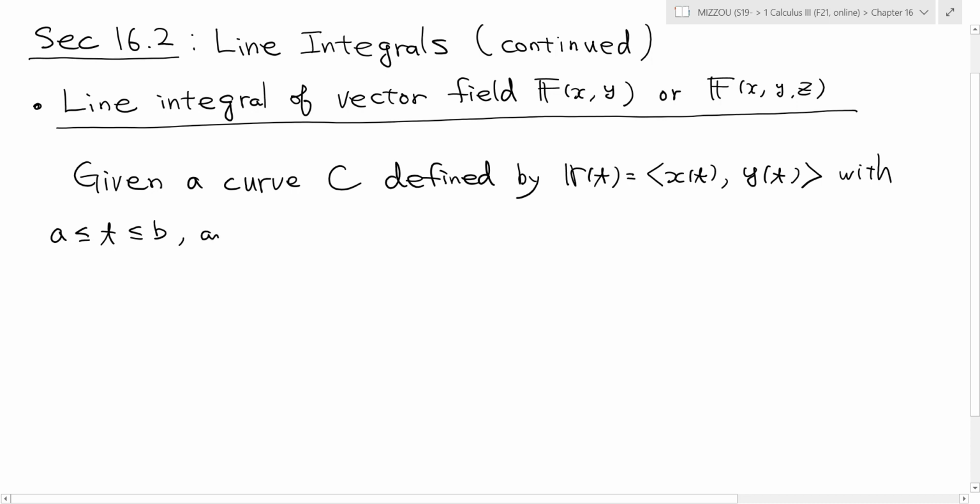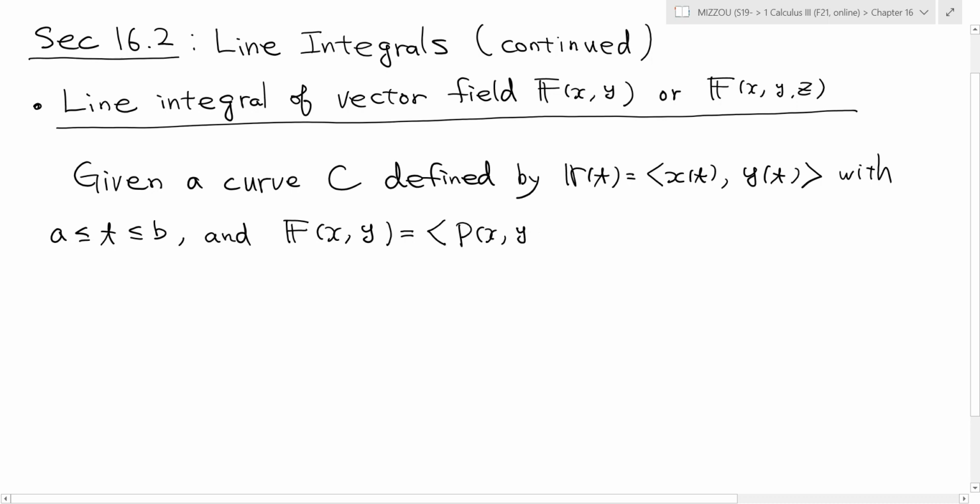And suppose you are given a vector field. So the function we integrate in this case is going to be actually a vector field. Remember, a vector field has two inputs, x and y, and as output, you have a vector on the xy plane.